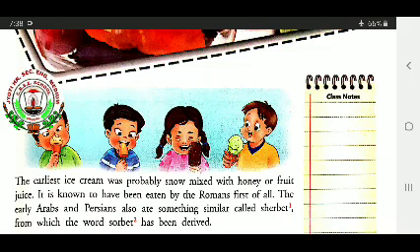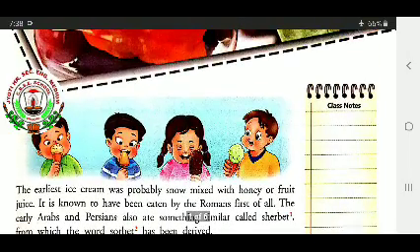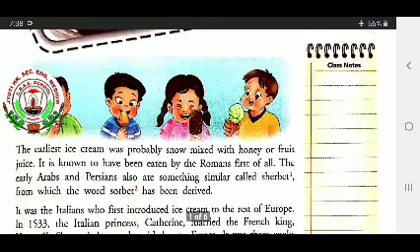We also learnt about ice cream, that was snow mixed with fruit juice, and Romans were the first who ate this ice cream. Then we learnt about Shabbat and Sobe, which was eaten by the Arabs and Persians.